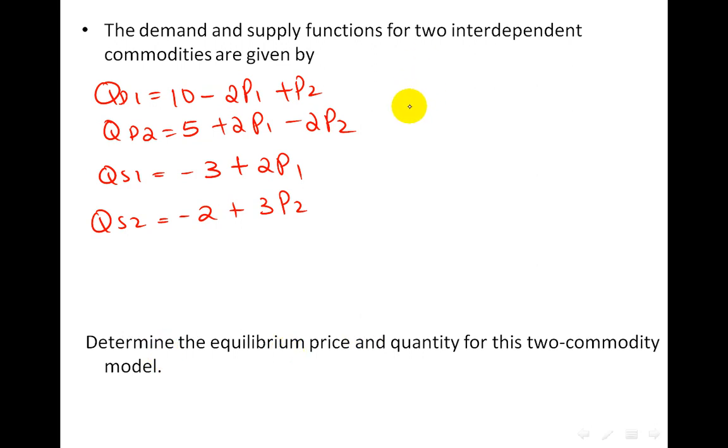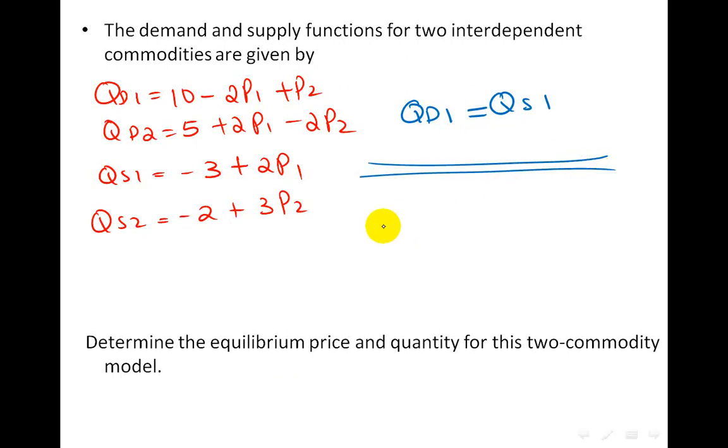You already know that equilibrium means demand equals supply. So QD1 must equal QS1, so the demand for the first commodity must equal the supply function of the first commodity. And same thing here, you must have QD2 equal QS2.